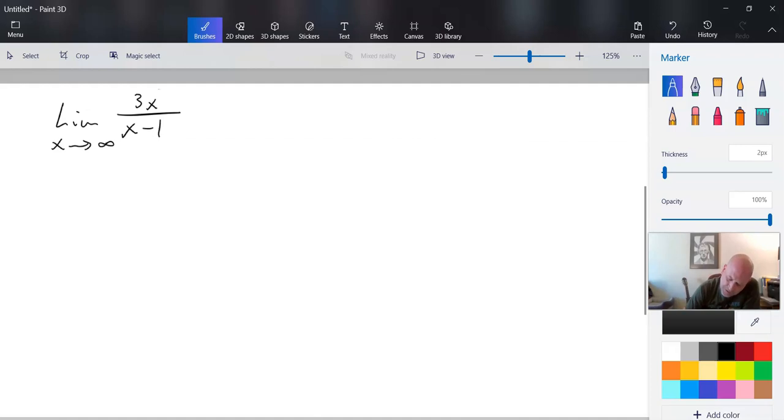So here's what we do. I'm going to take the function 3x over x minus 1, and I'm going to multiply the top and the bottom by the same number, 1 over x. Now I chose 1 over x because x is the biggest term, the highest degree term. And that's basically what you end up doing.